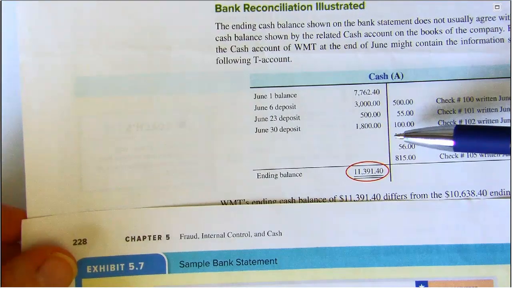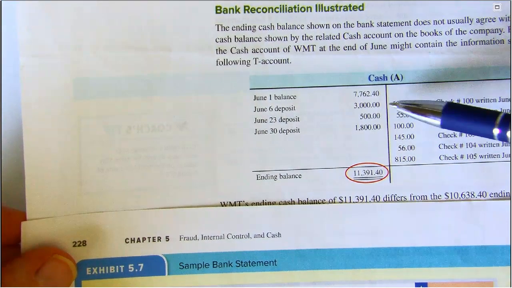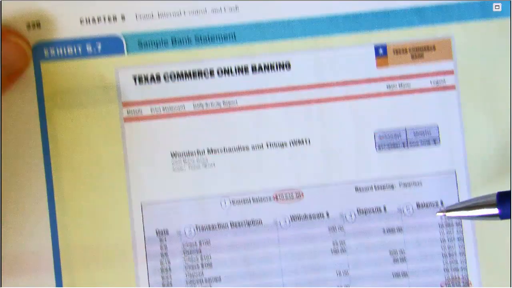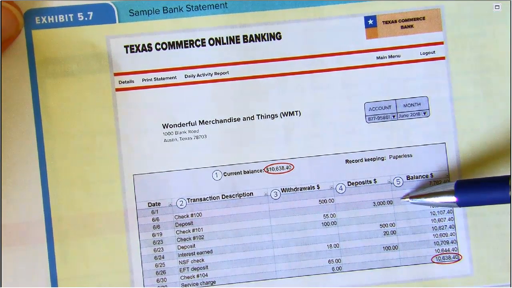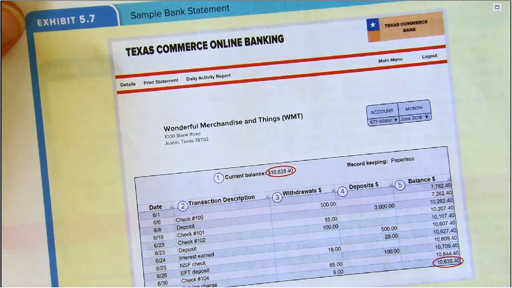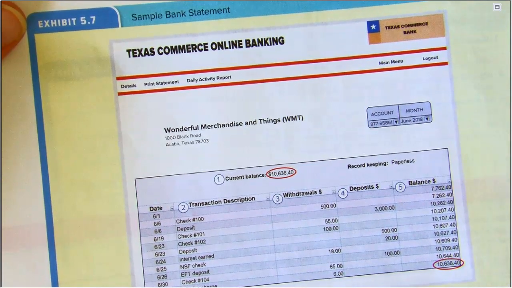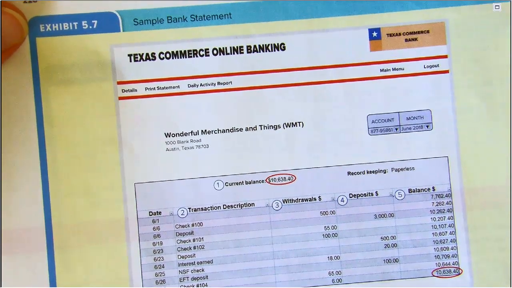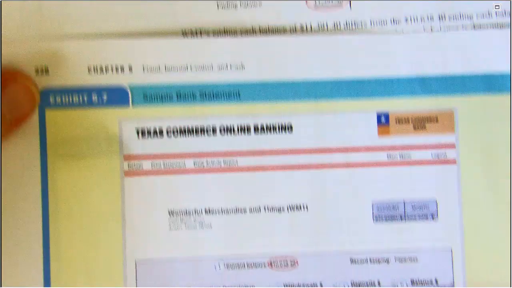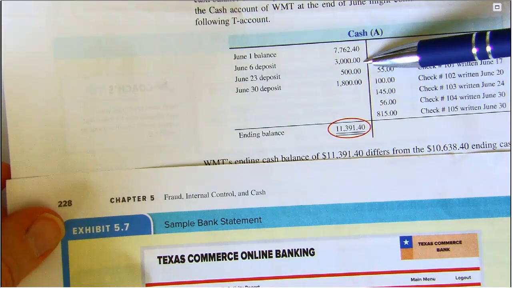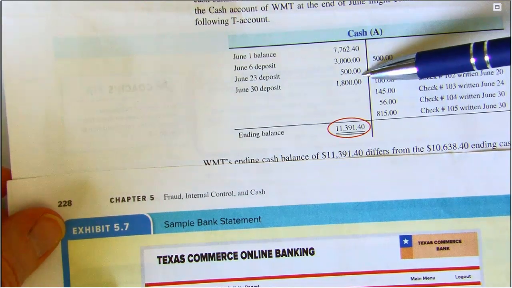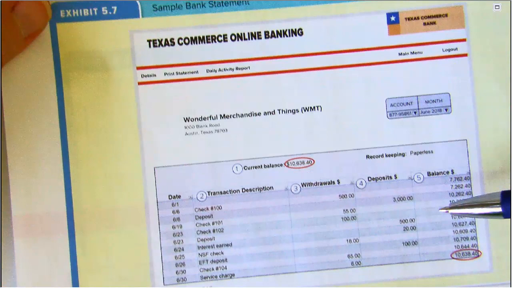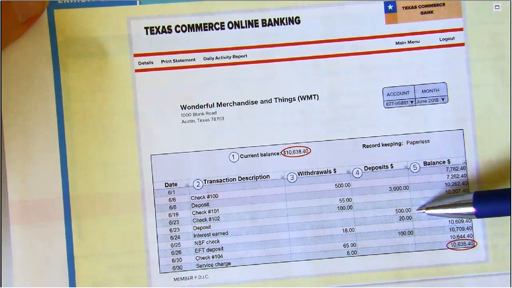If the amounts match, you could put a check mark if you'd like, to show that they match, or you could just leave them alone and do nothing. But sometimes putting a check mark helps us identify what information doesn't match. Then we have a June 23rd deposit of $500, and it's right there.